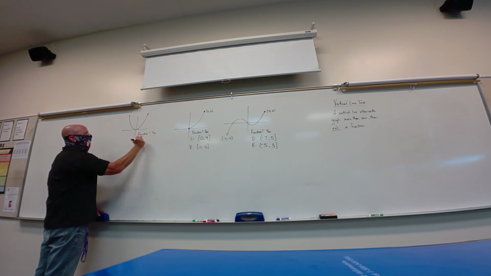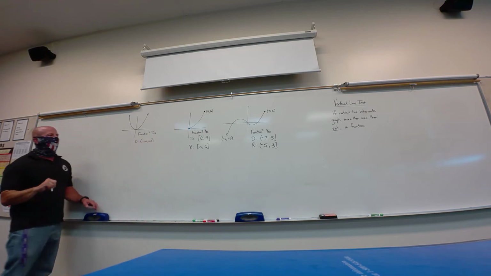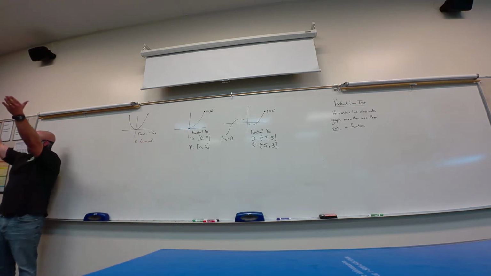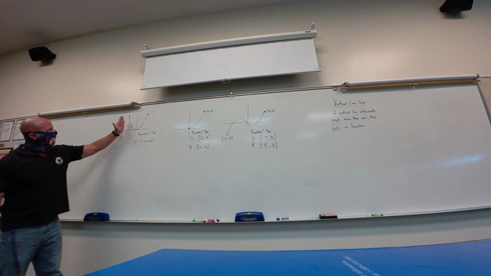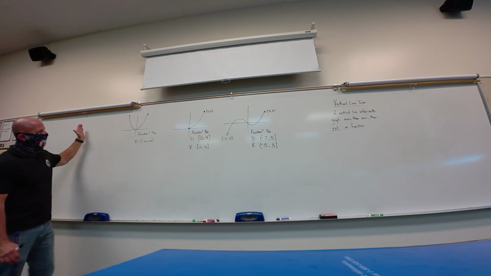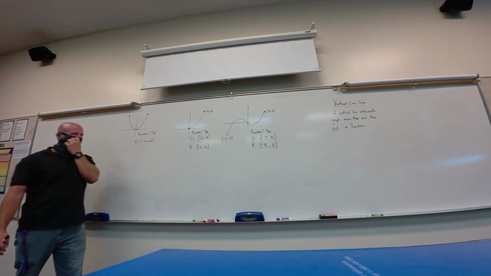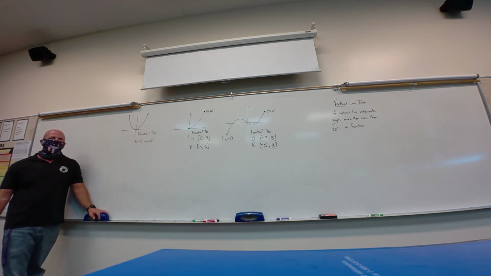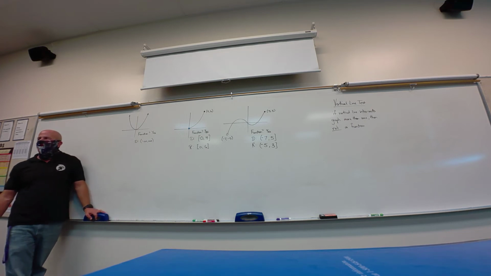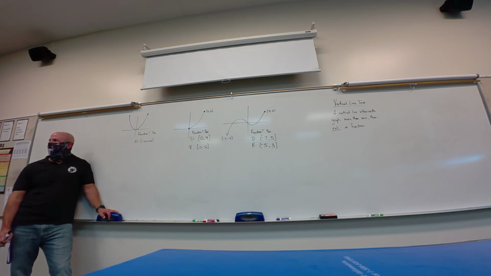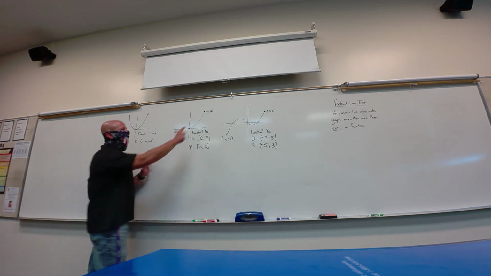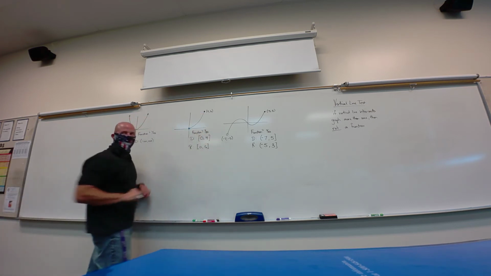Domain would be -infinity to infinity. So the arrows indicate that it just keeps going. As it's moving up, it's going to cover all these negative x's, all the positive x's. We're going to cover them all. Infinities always have parentheses because we never actually get there. That hard closed dot, that bracket, means we got there.